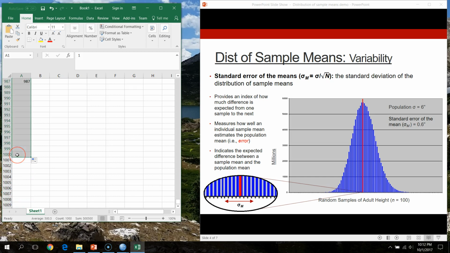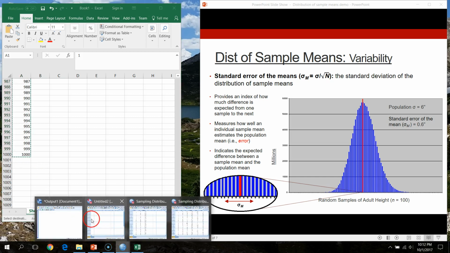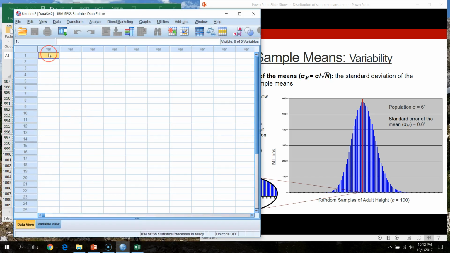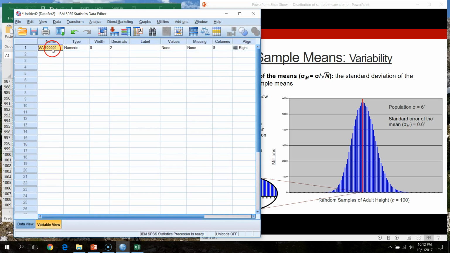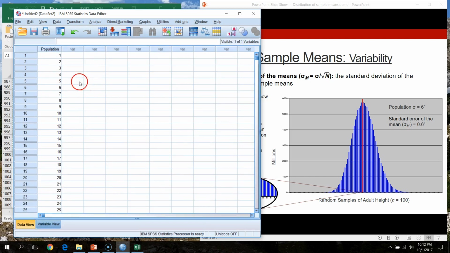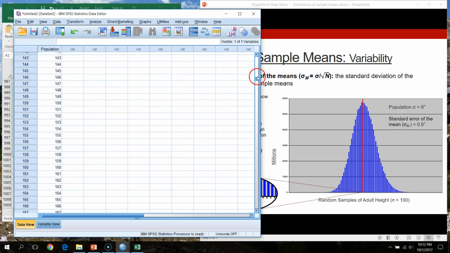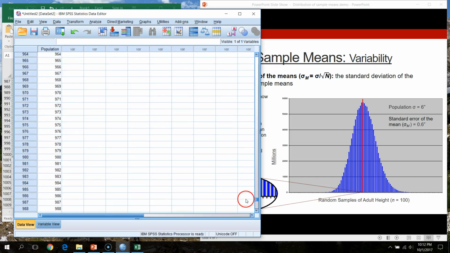I'm going to open up a new SPSS file and paste these in. This is my population of individuals. This just represents all 1,000 people in my population of interest.